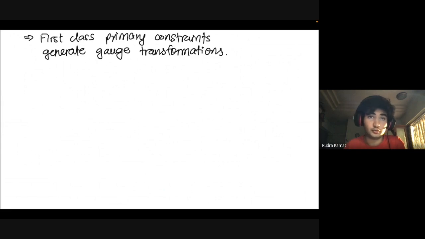I mean, technically, so do first class secondary constraints, but that's a different kind of Hamiltonian expansion where you have to do.